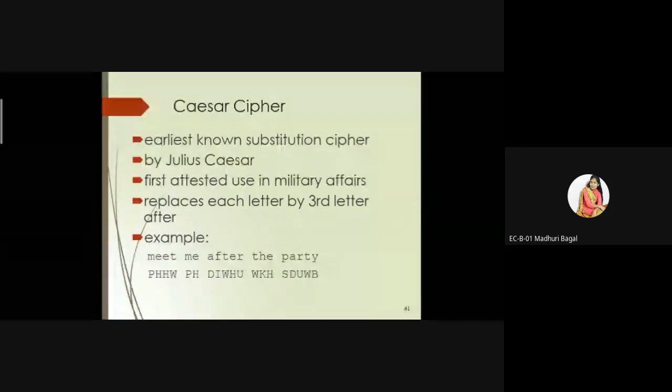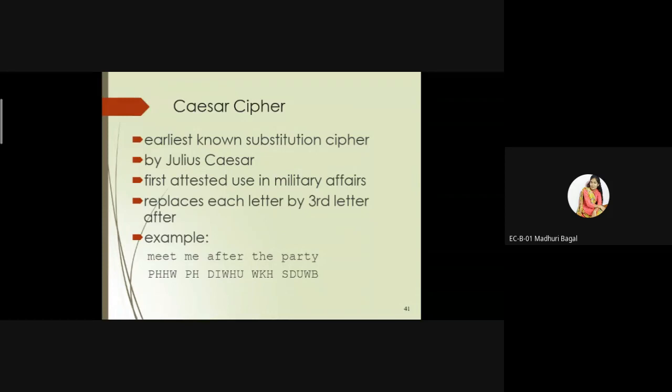So the first algorithm is the Caesar cipher. How can we encrypt a message with it? To encrypt the message, we substitute one letter with another letter.